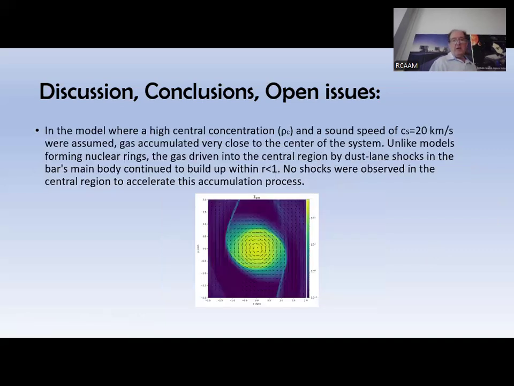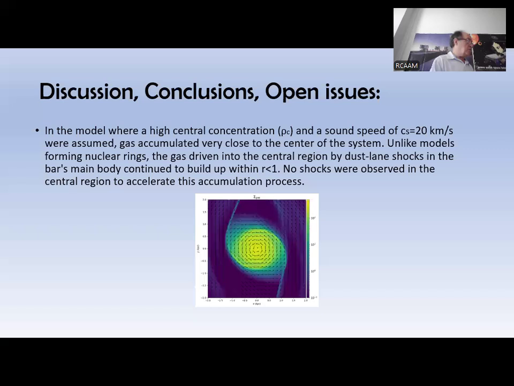Okay, now, I underline this model that we had the high central density in the beginning, and that for the warm case with the 20 kilometers per second, we could have gas very close to the center of the galaxy without any further assumptions.